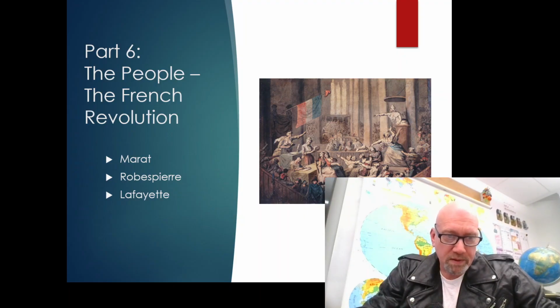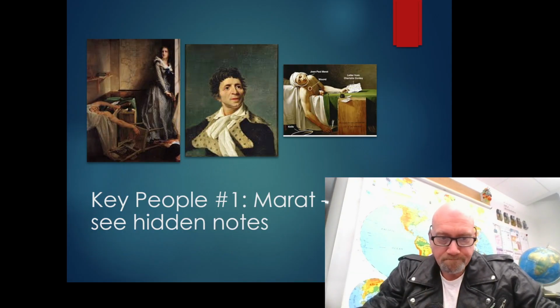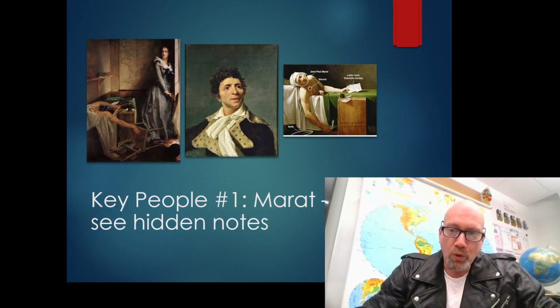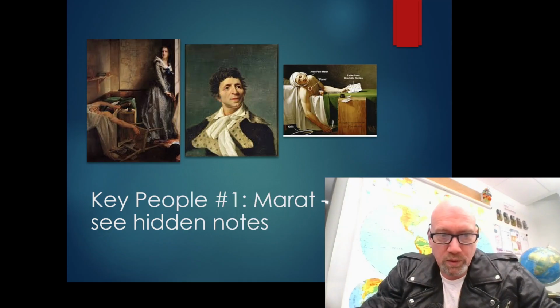Part 6, the people, the French Revolution: Marat, Robespierre, and Lafayette. Okay, Marat, he had a skin illness. He got this skin illness because he was poor and homeless, and he lived in a sewer. While he was living in these pipes under the city, he picked up a skin illness from the bacteria or parasites in the sewer system.